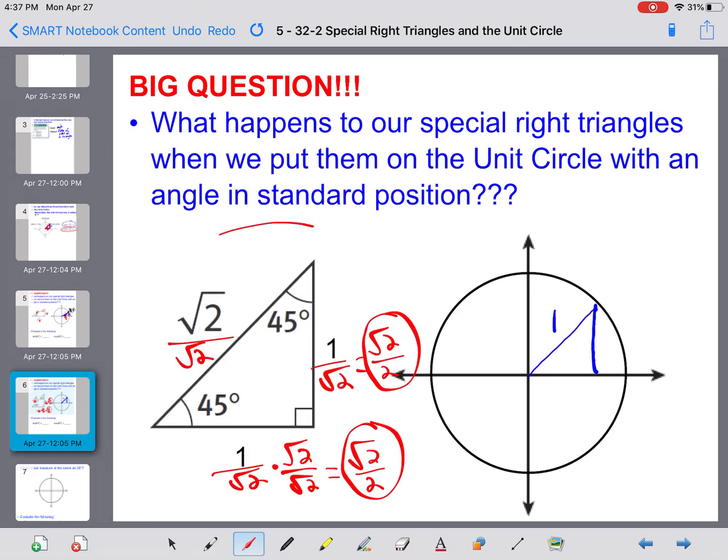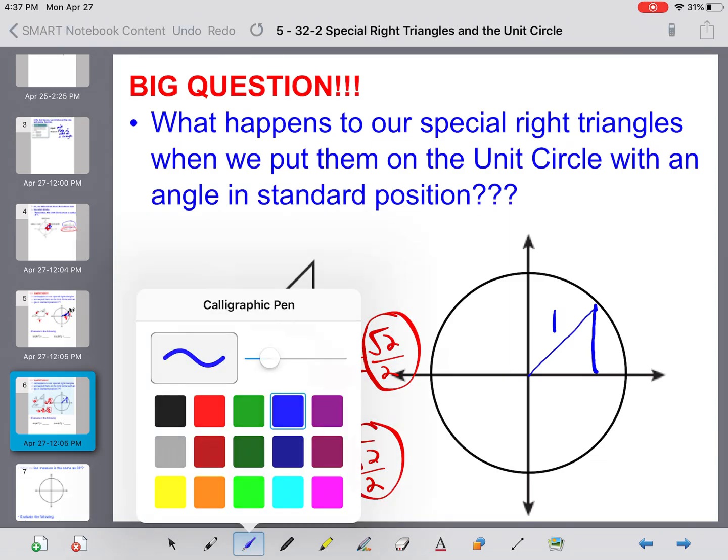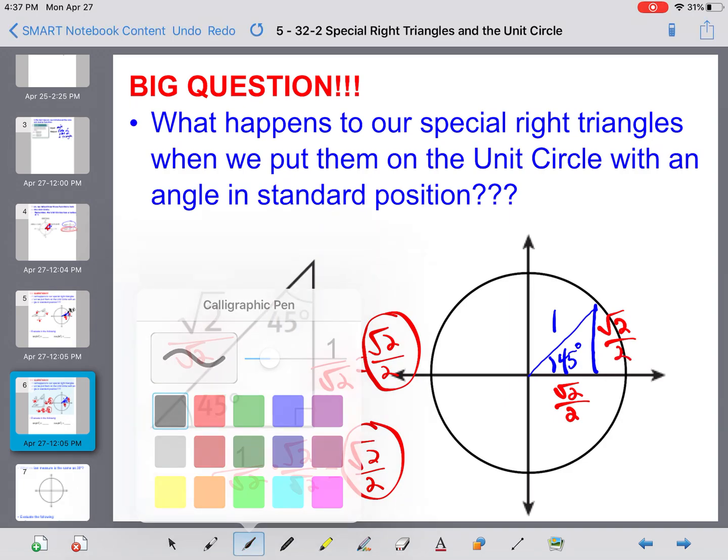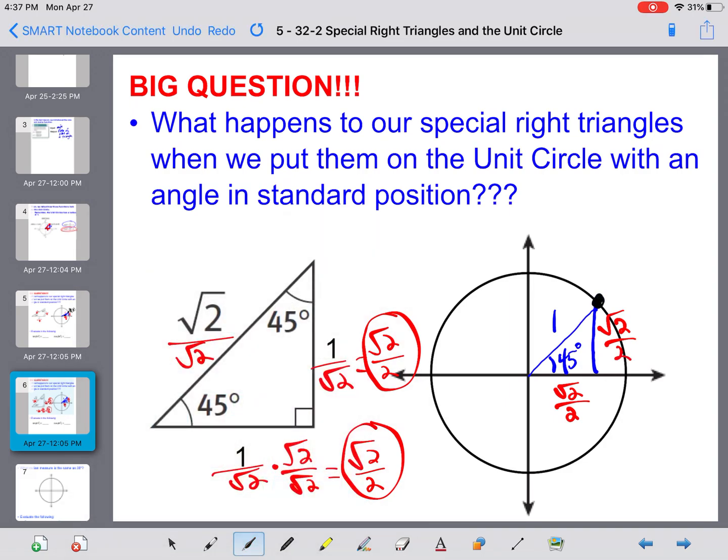When I take this 45-45-90 special right triangle and put it onto the unit circle, remember, this is the 45-degree angle right there. It's got to be in standard position. But now the sides of the triangle turn into root 2 over 2 and root 2 over 2. So the xy value here is root 2 over 2, comma, root 2 over 2.